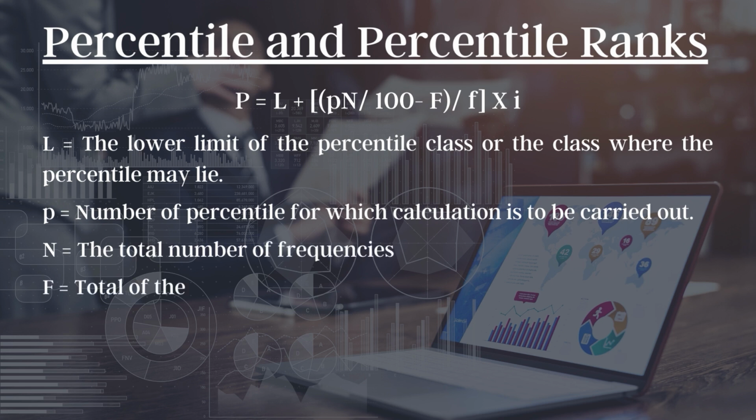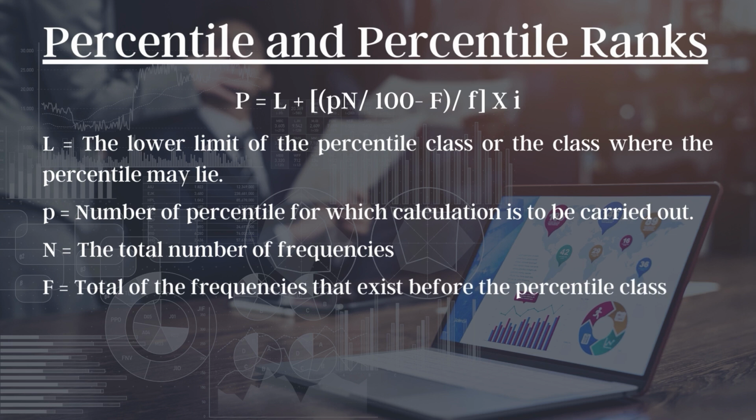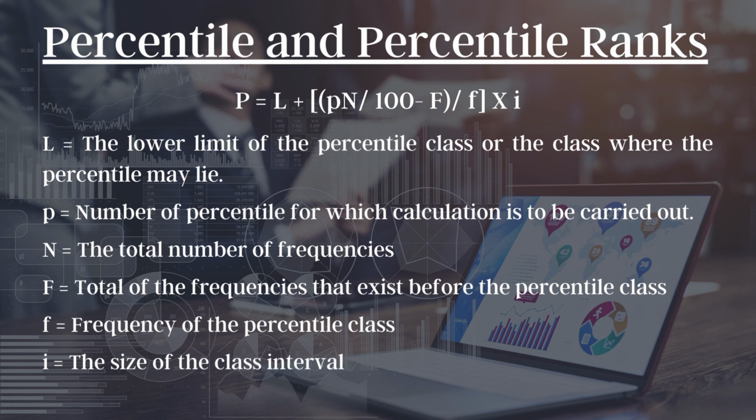Then the total of the frequencies that exist before the percentile class, that is F. Small f will be the frequency of the percentile class, and small i will be the size of the class interval. So these requirements are there in order to compute the percentile, and this is the formula.